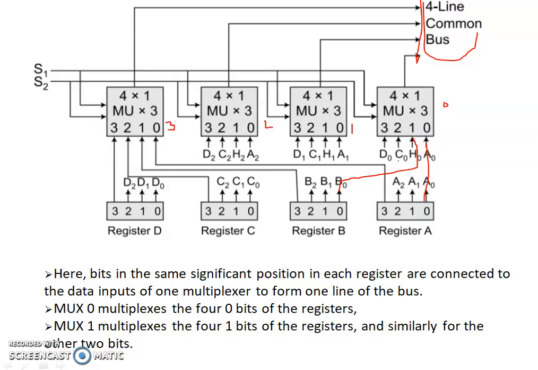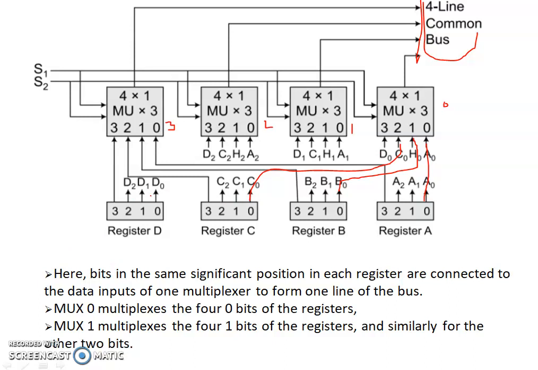Just see, the 0 bit of register B will be connected to this multiplexer 0, and again from register C also the 0 bit will be connected to multiplexer 0.